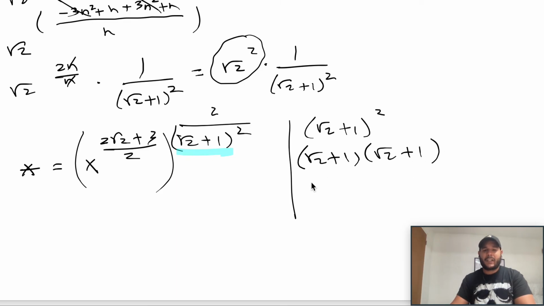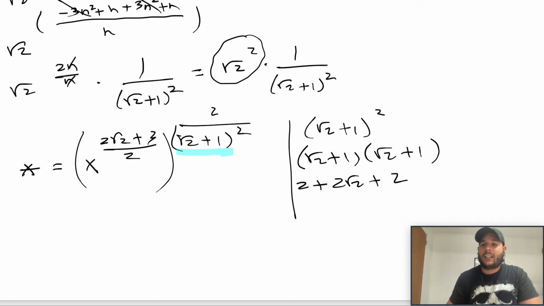I'm going to FOIL this stuff, so I get 2 plus 2 square root of 2 plus 2 here at the end. Actually, sorry for that. I made a mistake. At the end, that's a 1. See? 1 times 1, 1. The 2 and the 1 are like terms, so I obtain 2 square root of 2 plus 3.